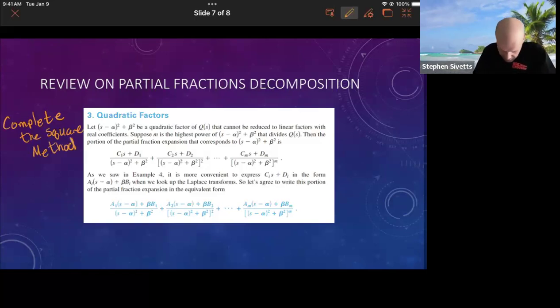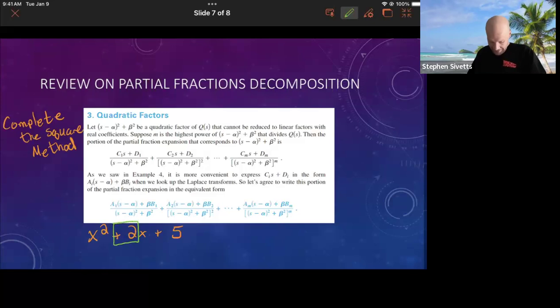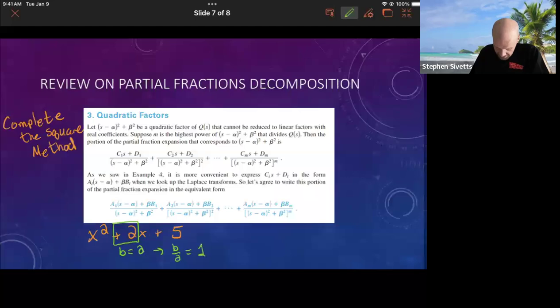So if I go back to the other example I just wrote down, algebraically, what we want to do is look at the coefficient that is multiplied by x. So in this case, it's 2. So the b is 2. Next, what we want to do is divide the b number by 2. So in this case, it's 1. And then the next step is we square that number.